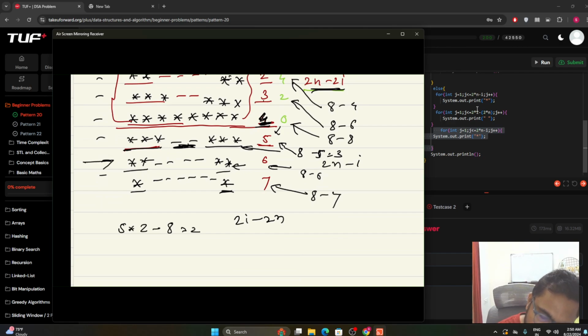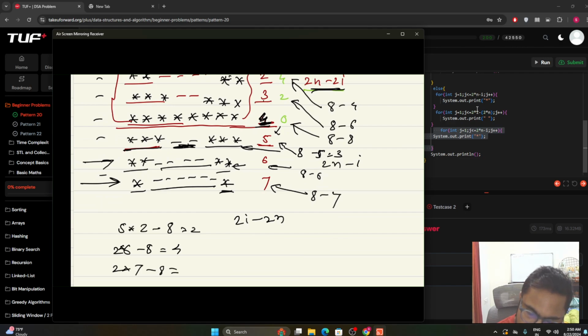For this line, 2 into 6 is 12, minus 8, it is 4, so 4 spaces. For this line, 2 into 7 is 14, minus 8, is 6. Sorry, something went wrong here, but 6 spaces are there. That is how we have derived it.